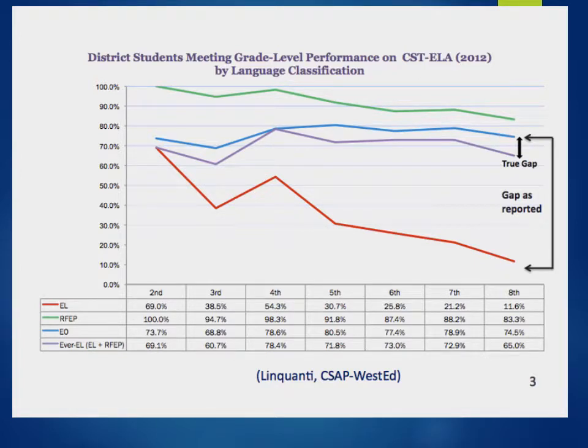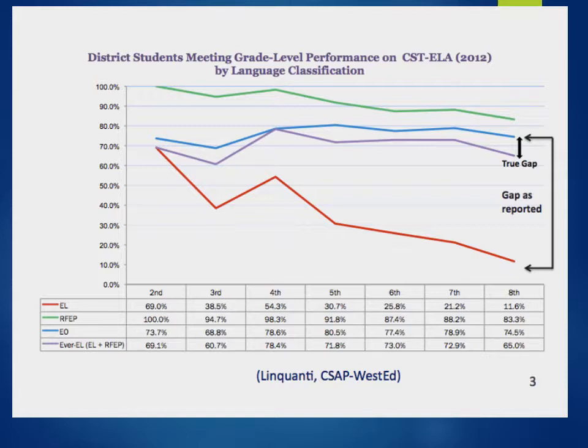The purple line is the combined line between the current English language learners and all those students who ever were English language learners. The purple line looks more like the true gap, okay?